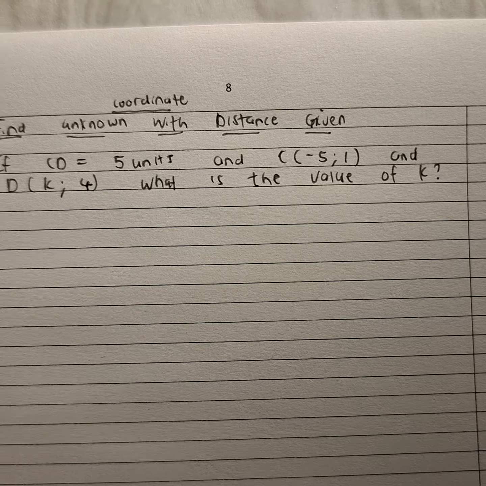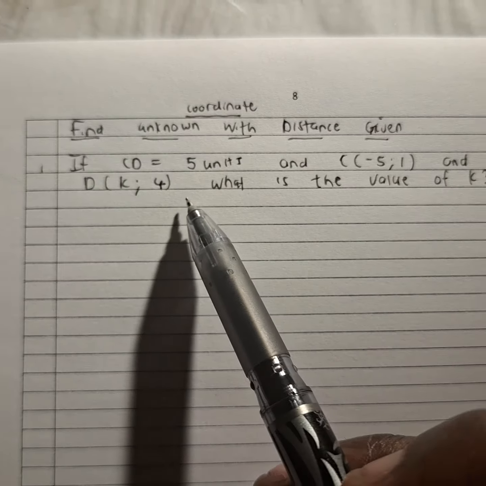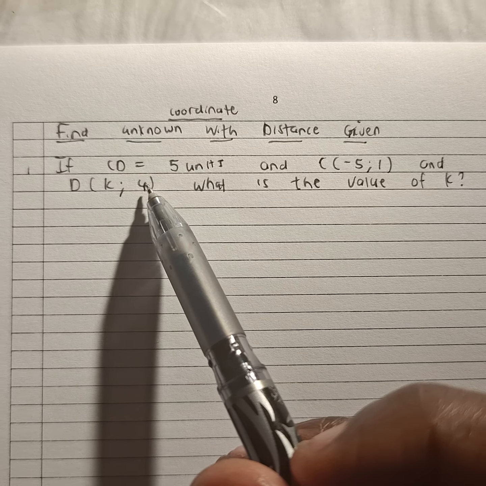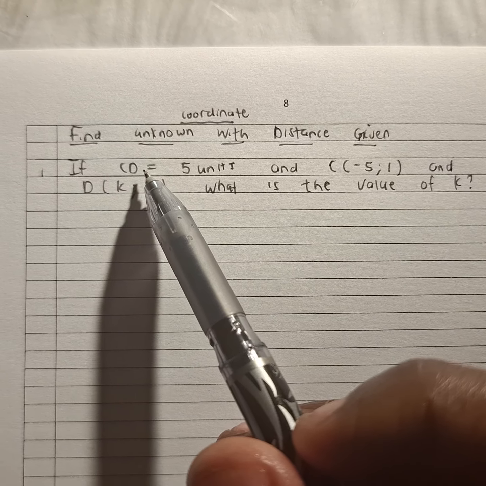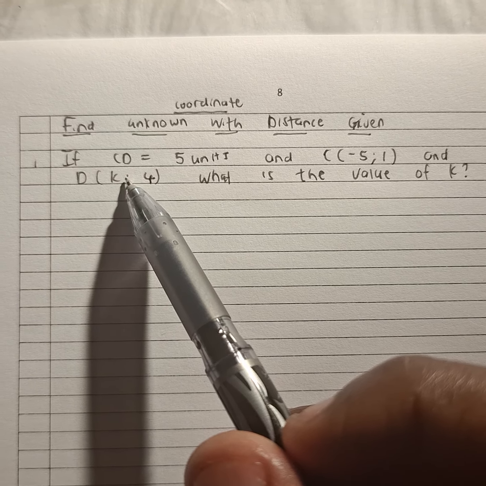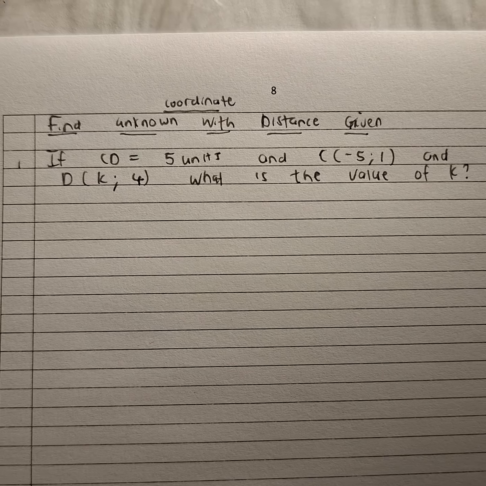Of k. So in other words, we want the x coordinate of the endpoint, point D, and it's represented by the variable k. Right?